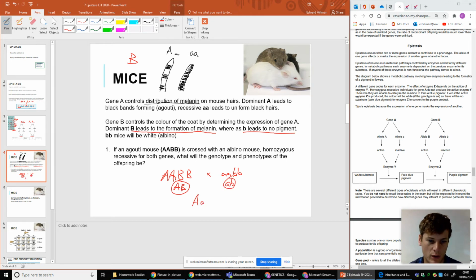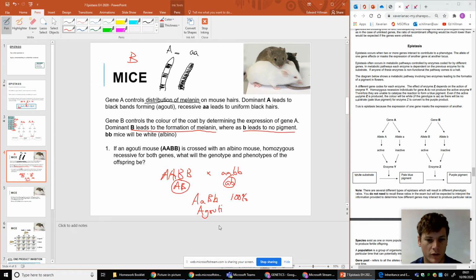All of the offspring will be heterozygous for both, so 100%, and they will all be referred to as agouti. They've got the dominant A for the bands for the agouti, and they've got the dominant B to produce the melanin in the first place.